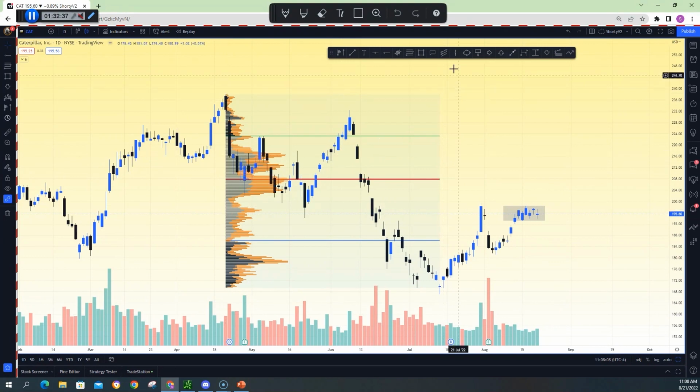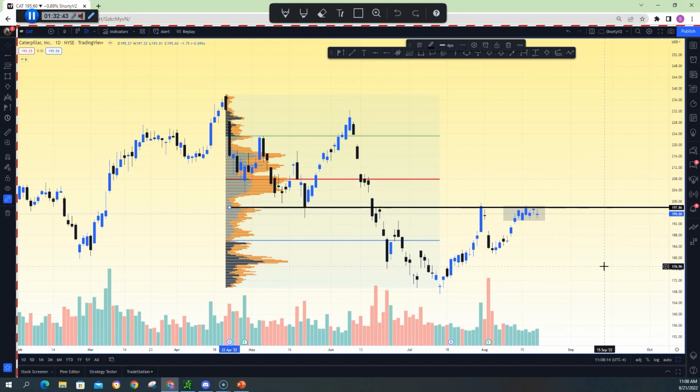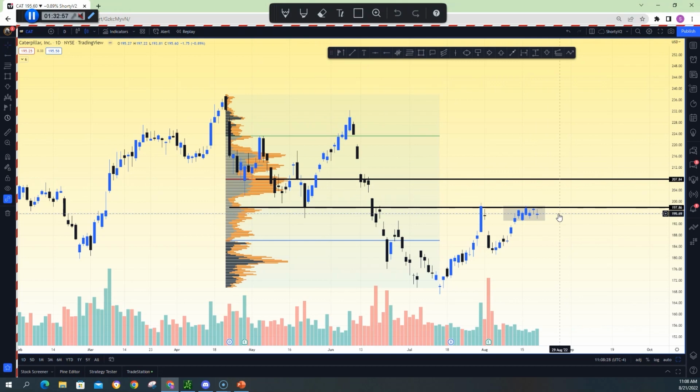So they haven't been able to break this. So once we break this level here, it's probably a high chance we go to 200, 202. But I'm watching this, see if they pump it up here, then I'll short it here. This would be a good short level, but I don't know, this buying here has been fairly weak.